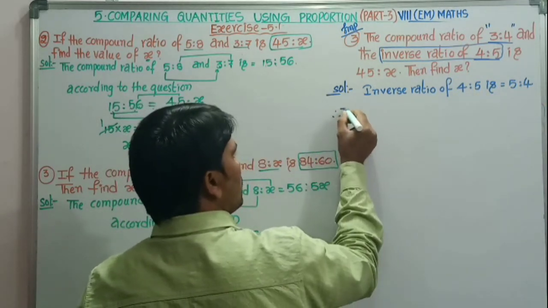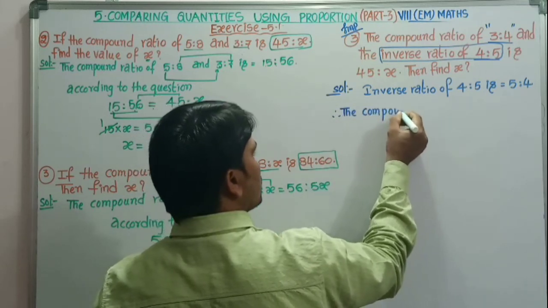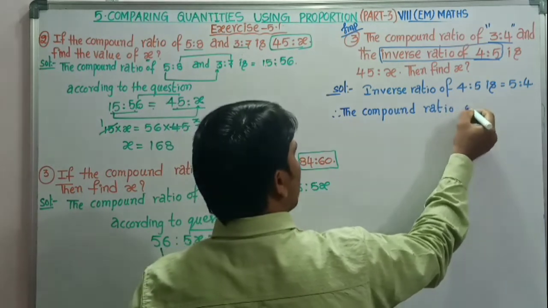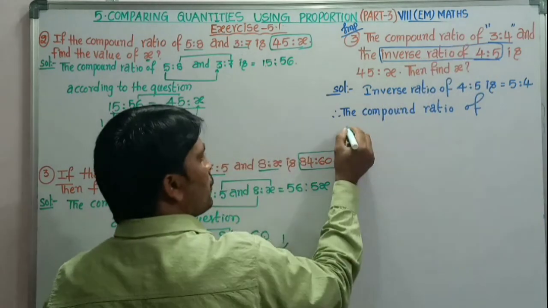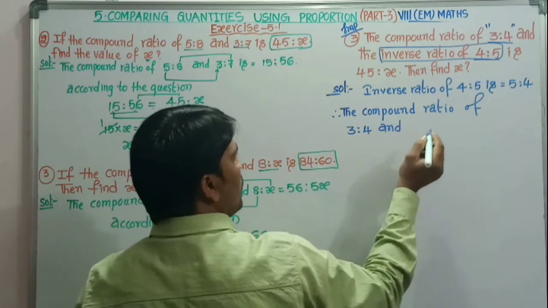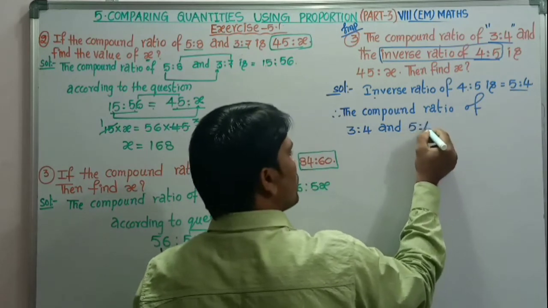Now, the compound ratio of the ratio 3:4 and the inverse ratio of 4:5, that is 5:4.